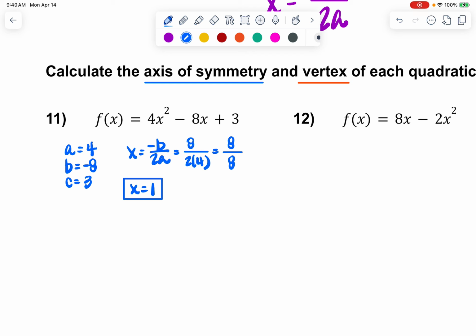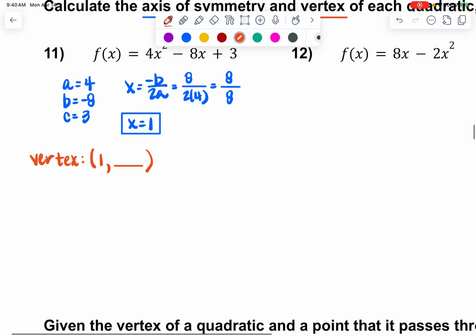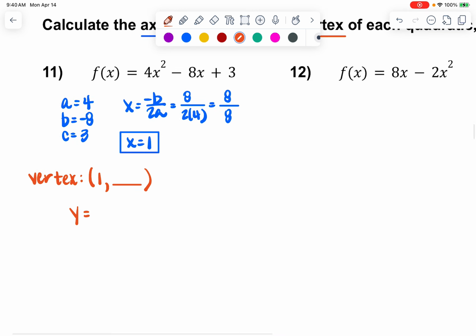Okay, now we're going to use that axis of symmetry to go find the vertex, right? So the vertex, clearly we know it already has an x value of 1, but we need to go find the y when x is 1. So we're just simply going to use our formula. I'm going to use y instead of f of x. And everywhere I see an x, I'm going to substitute a 1.